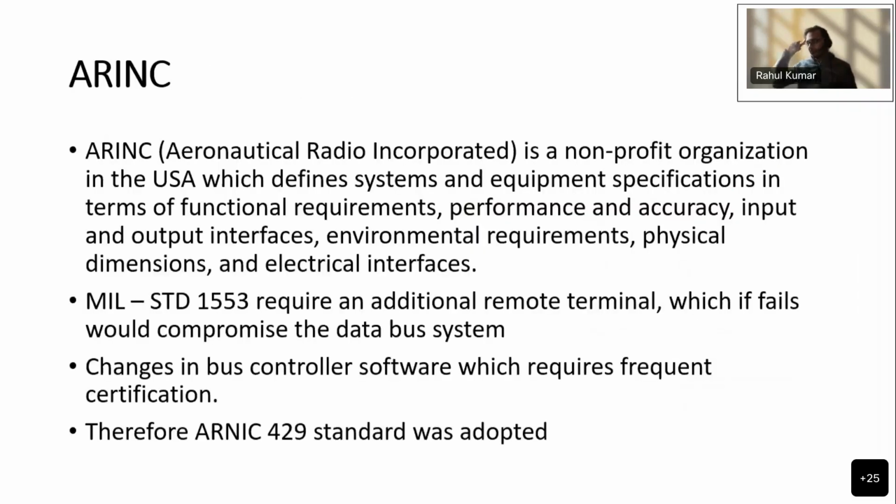Now the next type of bus system is called ARINC in short, and that is Aeronautical Radio Incorporated. So as I mentioned, this is a non-profit organization in the US which defines system and equipment specifications in terms of functional requirement, performance and accuracy.